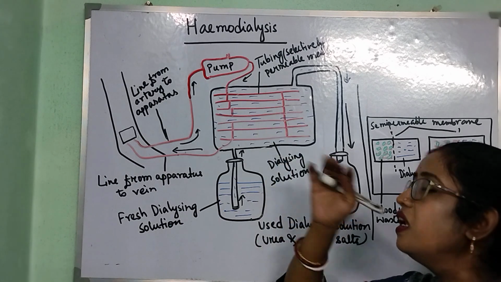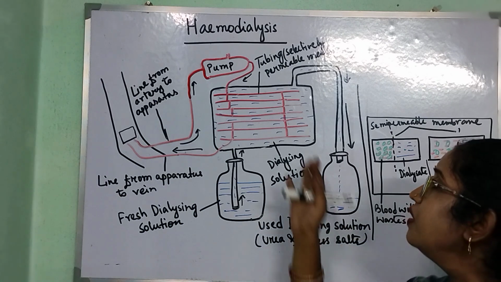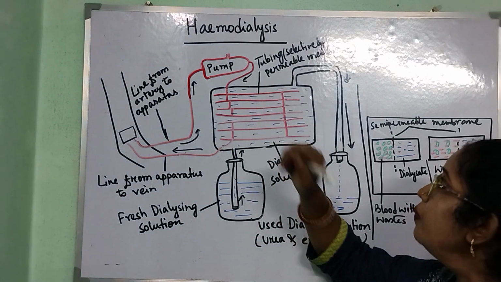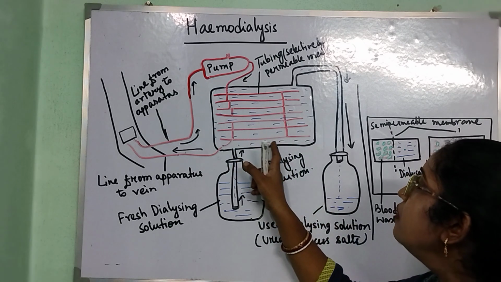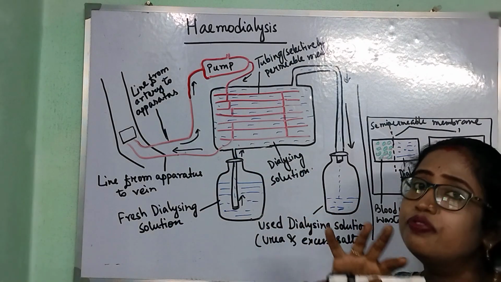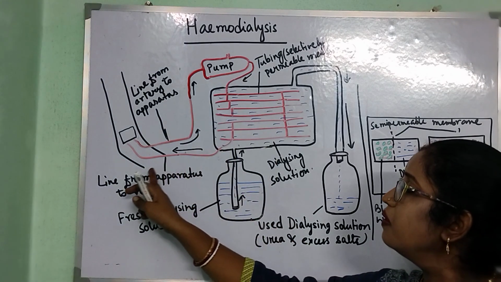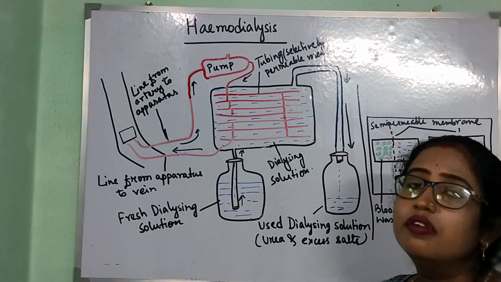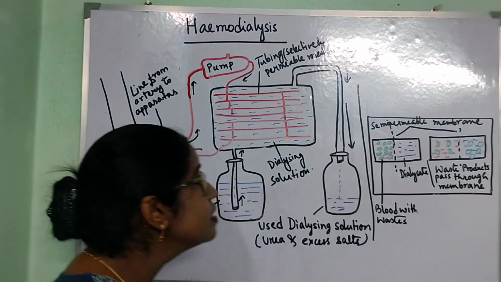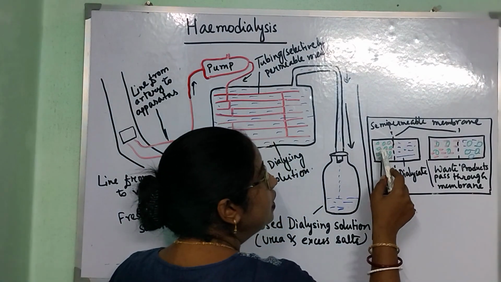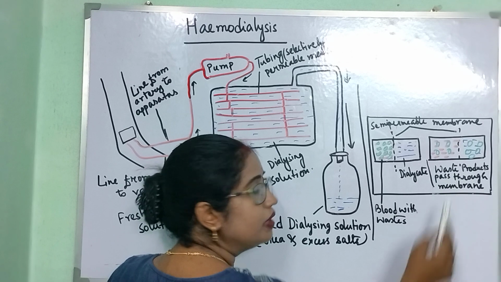After the waste material is excreted through the tube lining, or semi-permeable membrane lining, the rest of the purified blood is sent back to the vein in our body. The main process is here. This is the semi-permeable lining membrane.